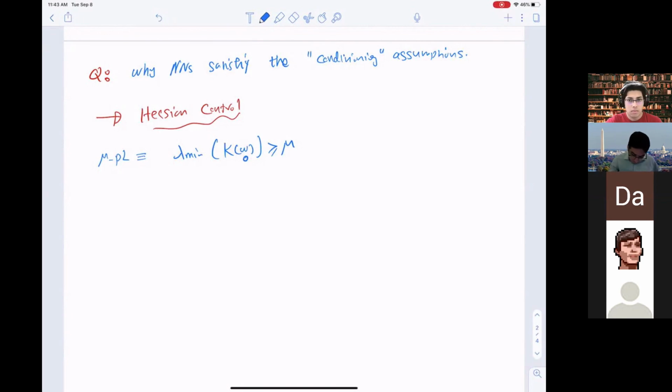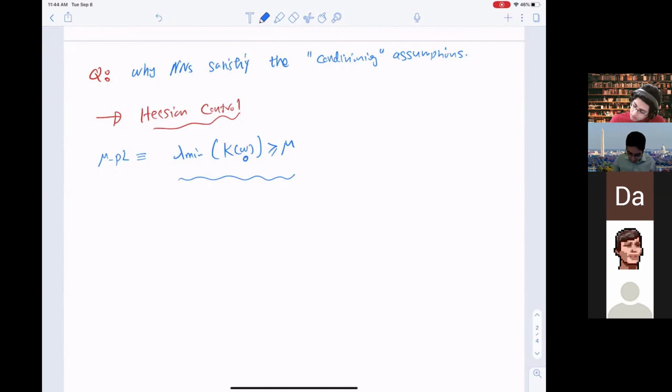So if I could show that this is satisfied at my initialization point, at W0, that's something I can do, because let's say I'm going to start with a random normal initialization, and I know how to characterize my tangent kernel for a particular neural network.